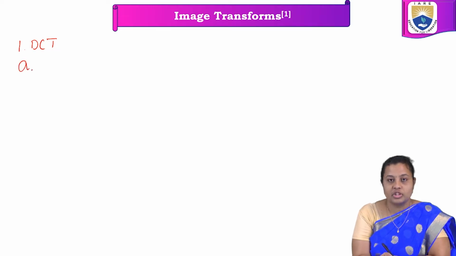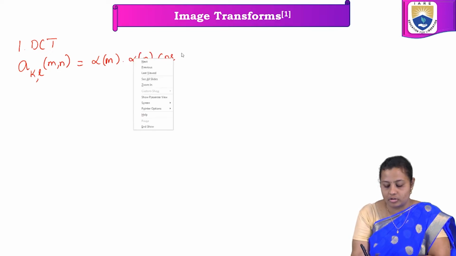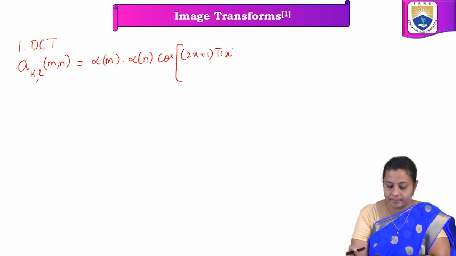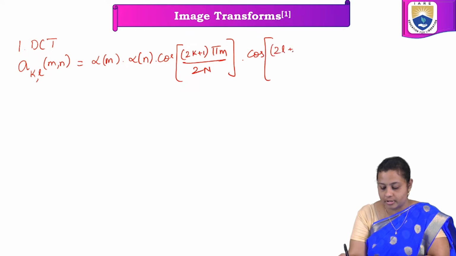If I represent the coefficient matrix by a(k,l,m,n), I can write it as alpha of m into alpha of n into cos of (2k plus 1) pi m by 2N into cos of (2l plus 1) pi n by 2N.